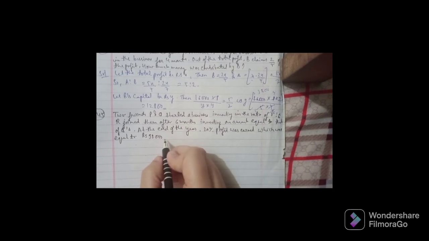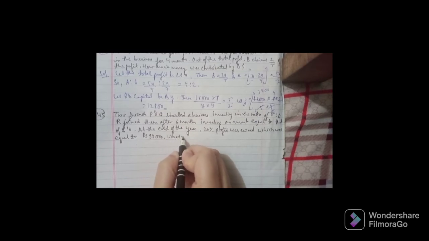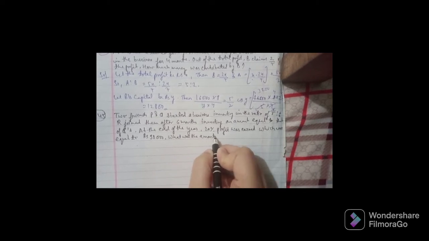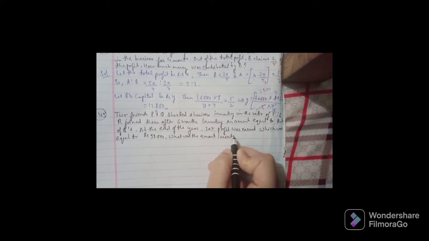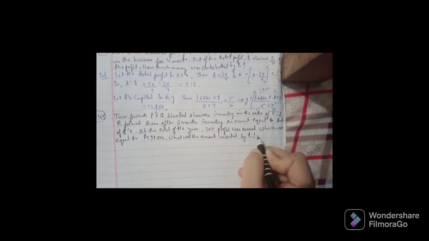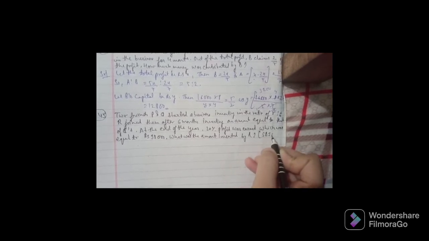What was the amount invested by R? This is asked in the SBI PO question paper. Options, as I told you, are 1,05,000, 1,75,000, 2,10,000, data inadequate and none of these. So we go for the same and we find it out.